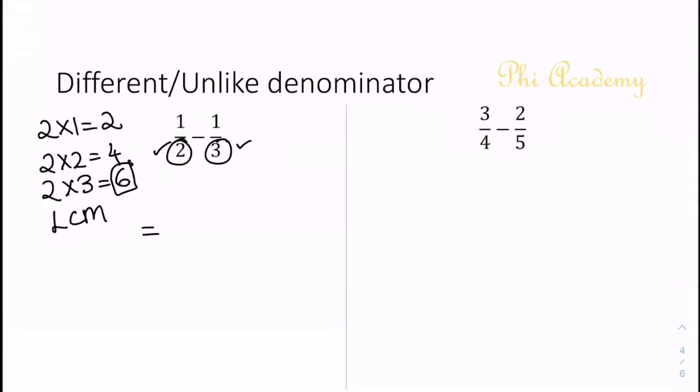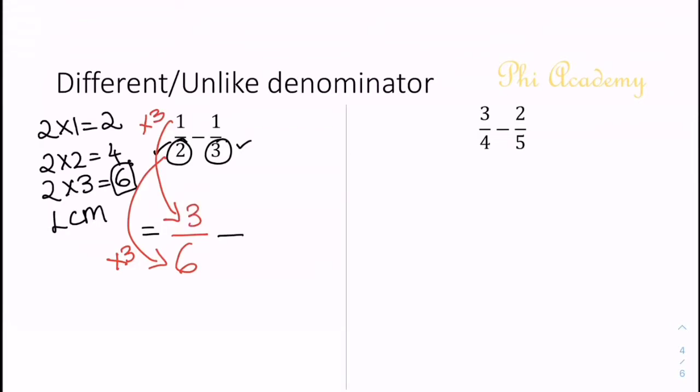So let's change a half as a number over 6. From 2 to 6, I need to multiply by 3. For equivalent fractions, I have to do the same to the top number. So again 1, I have to multiply by 3, giving us 3, minus.